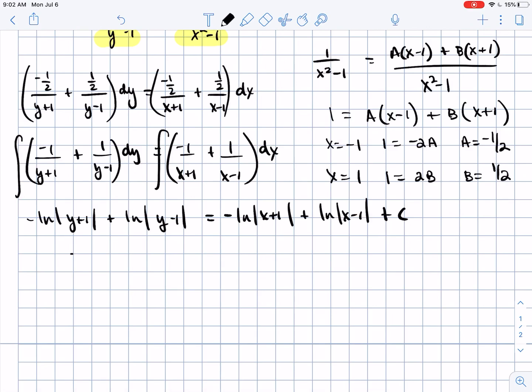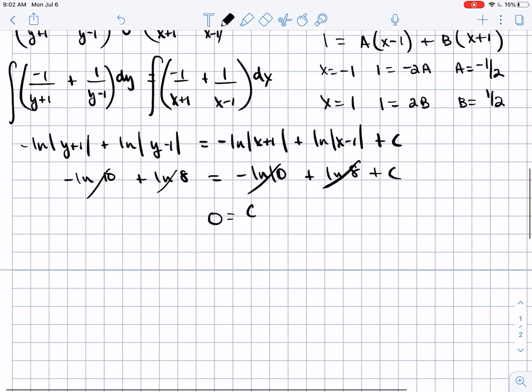You can see how easy that is going to wind up being, because you'll have things on the same side. So I get a negative ln 10, if I'm plugging in 9, plus an ln 8 equals negative ln 10 plus an ln 8 plus c. Everything cancels. c is going to be 0.